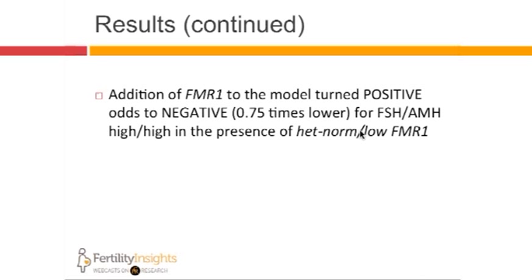in a number of publications, which is characterized by having one allele, in other words, one X chromosome with CGG repeats on the FMR1 gene in normal range between 26 and 34, while the other one is in low range, which means it is under 26.